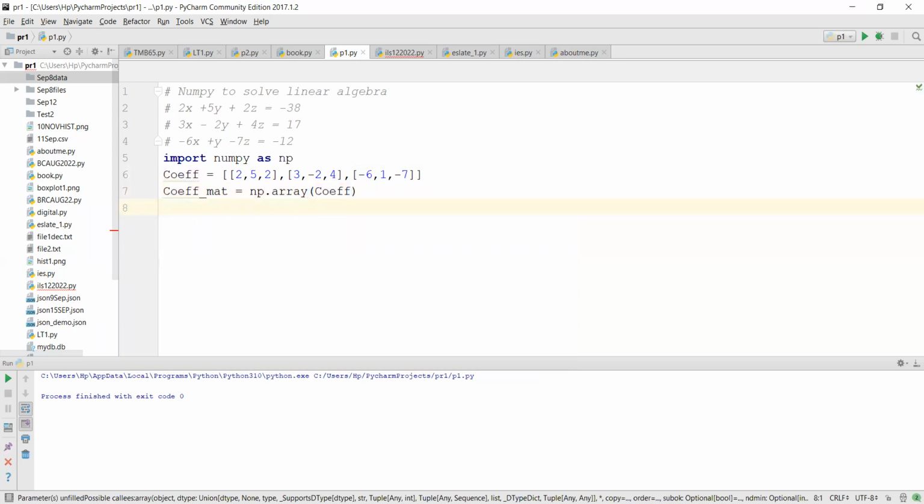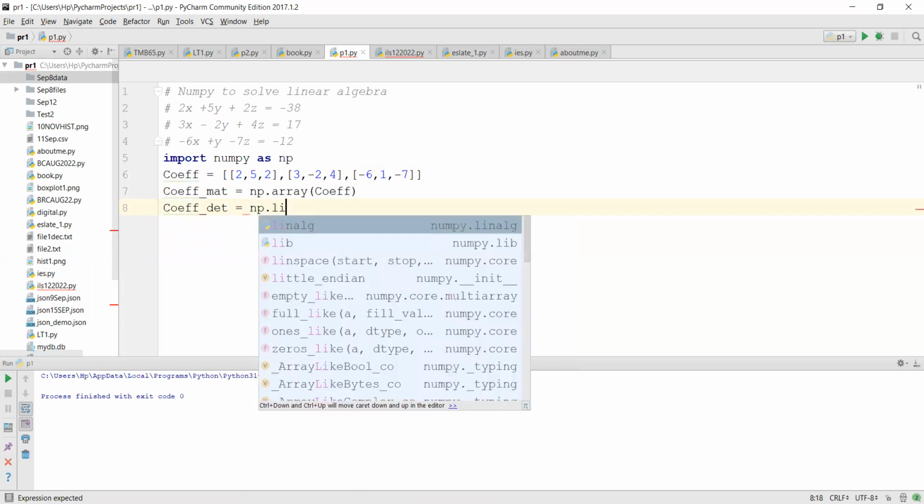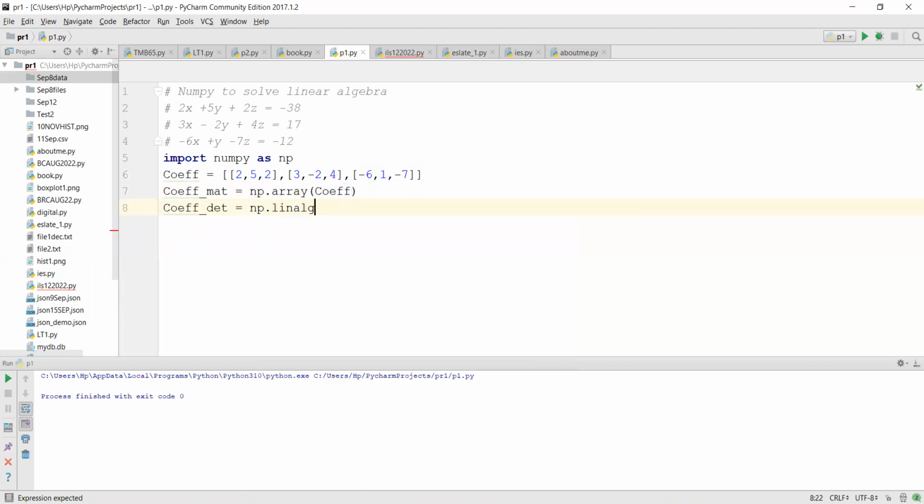Now, the inverse of this is possible if the determinant is non-zero. So step 1 is to find the determinant of the coefficient matrix, right? So I'm going to say coef determinant equal to, how do we find the determinant? NP dot linalg dot det, and you pass the coefficient matrix.